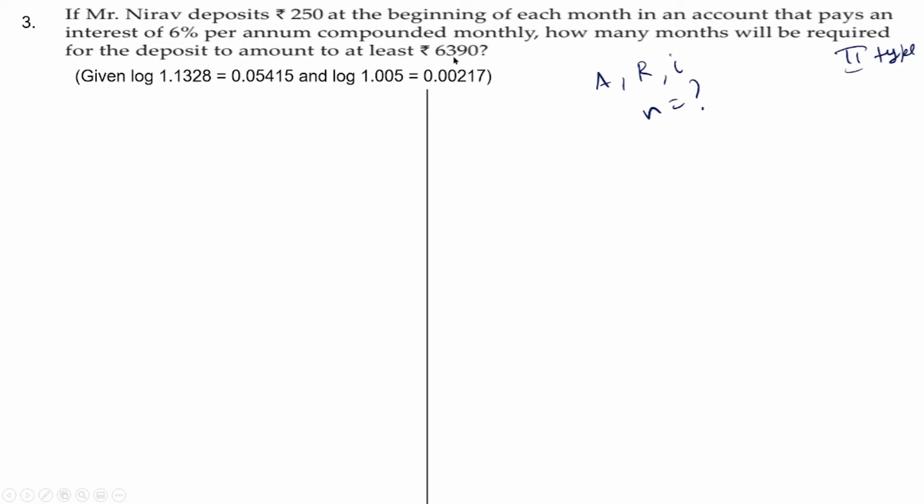So A is rupees 6,390, this is R, and the rate per period is 6% upon 12. Now we need to find N, the number of months required for this to become 6,390.